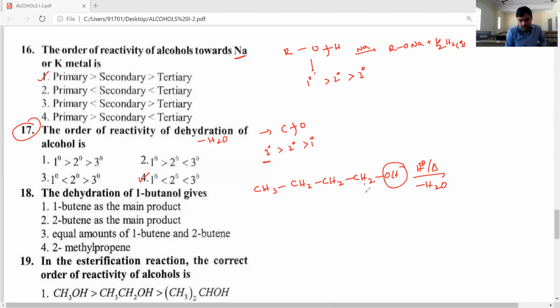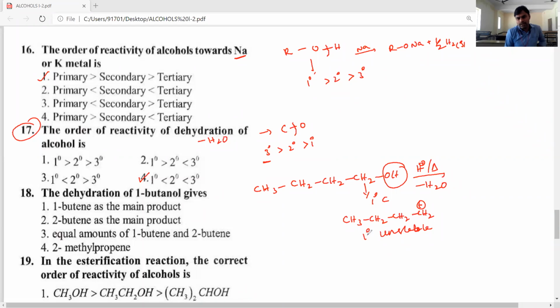Here the OH is attached to a primary carbon. First it will form an intermediate, CH3CH2-CH2-CH2 plus, a primary carbocation, which is unstable.